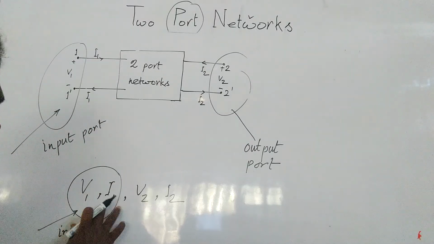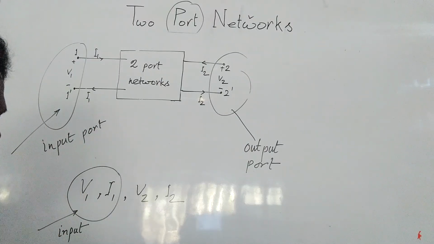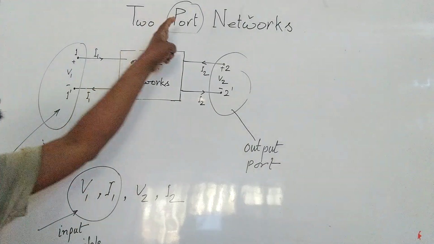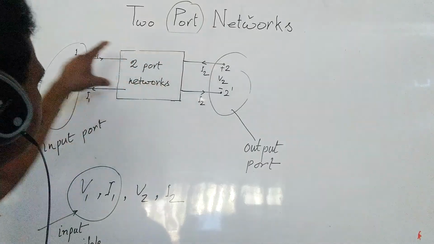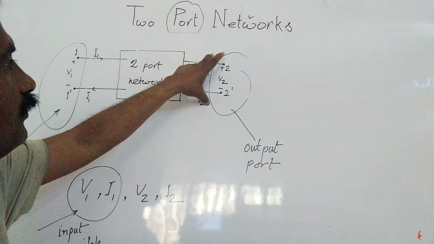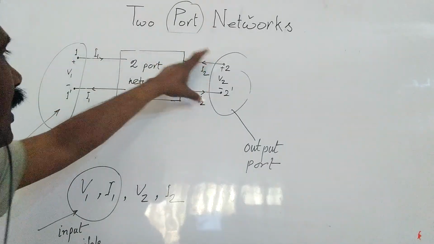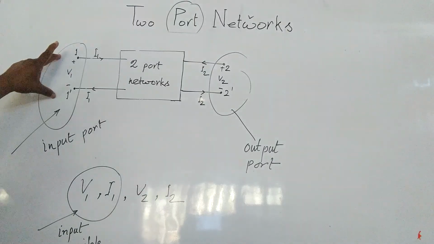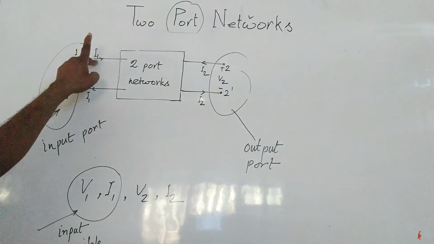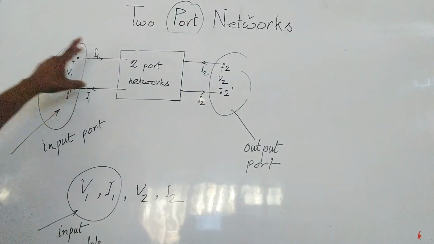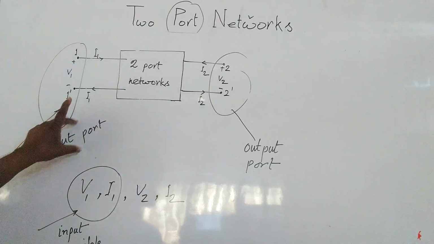Any two-port network consists of two separate ports. The port from which a current or any signal enters is known as the input port.